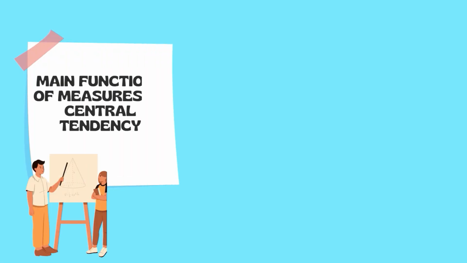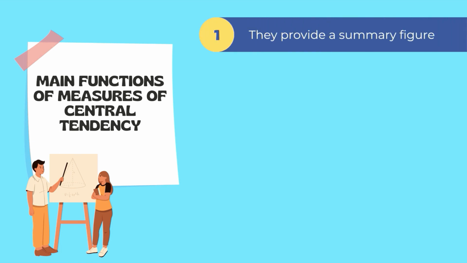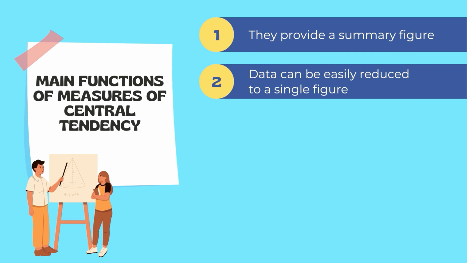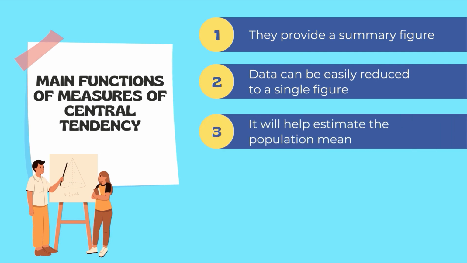If you talk about the main functions of the measure of central tendency, we can say it provides a summary figure, a single figure that can explain more about the data. Data can be easily reduced to a single figure, which is also one of the functions of central tendency. It will help to estimate the population mean. You are aware that in any study or research, we can't observe all the units of the entire population.